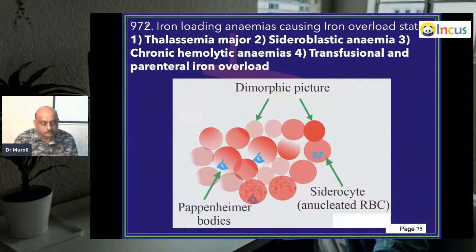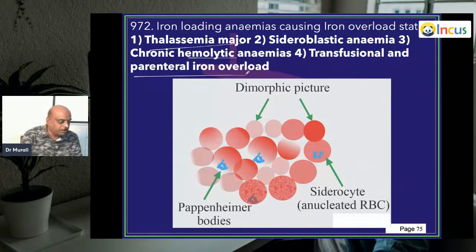Now, in which conditions do you see iron overload states? Thalassemia. Even though it leads to microcytic hypochromic anemia, it predisposes to iron overload. Sideroblastic anemia. Any chronic hemolytic anemia also. Suppose hemolysis is occurring within the body, all that released iron will go and deposit in the liver. Similarly, any transfusional iron overload, parenteral iron overload, that is what you need to remember.